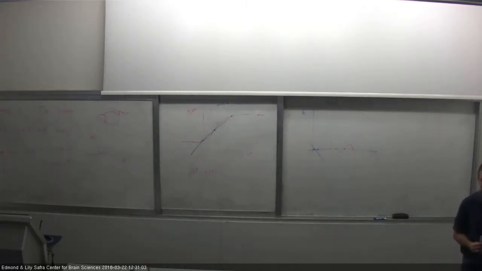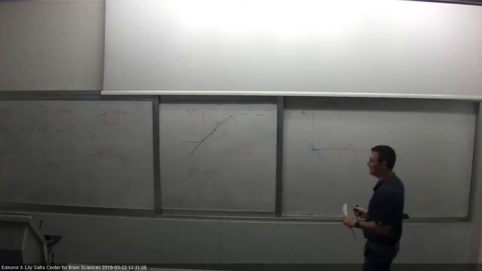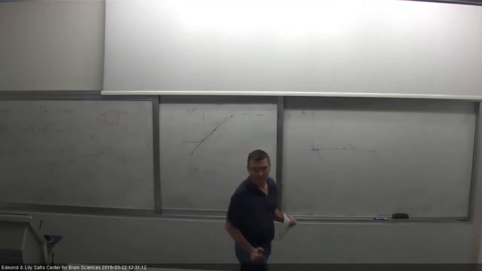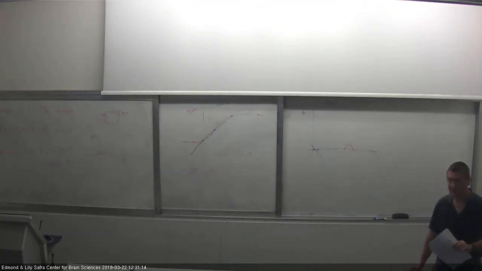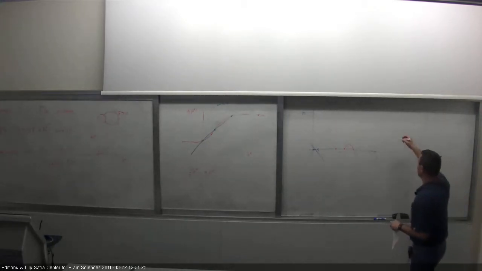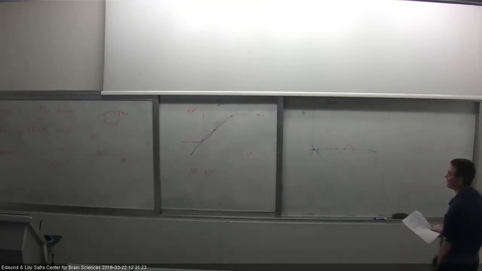There's a more formal way of analyzing the stability of the fixed point. How do we do it? This is using Taylor expansion, Taylor expanding the dynamics around the fixed point.